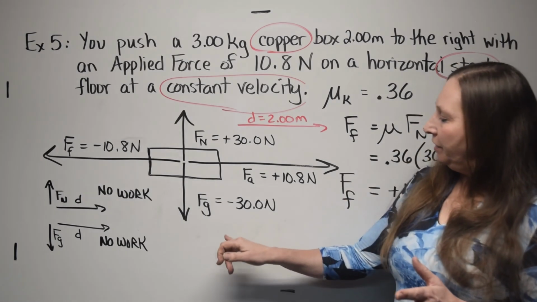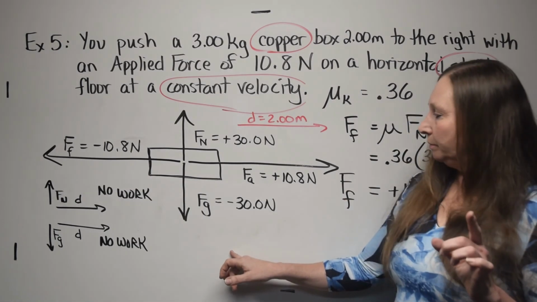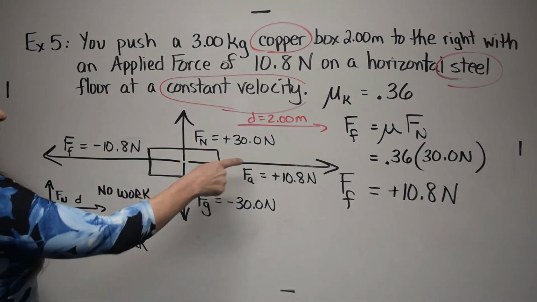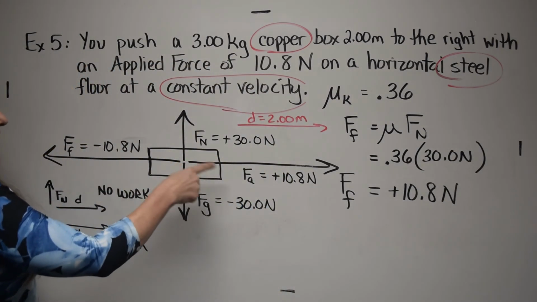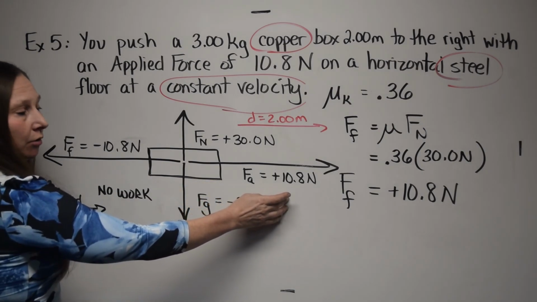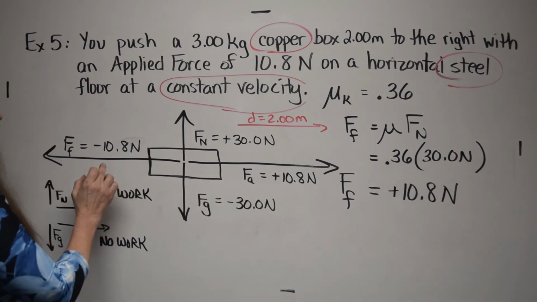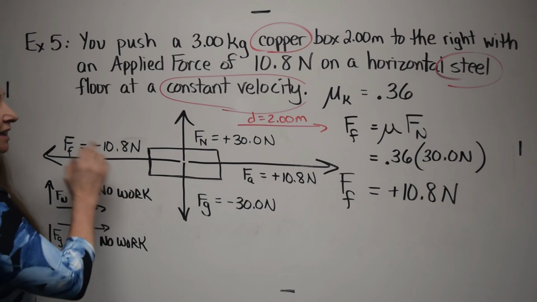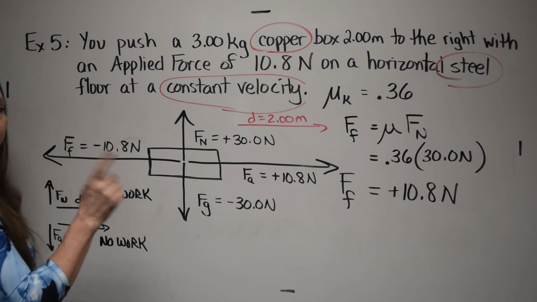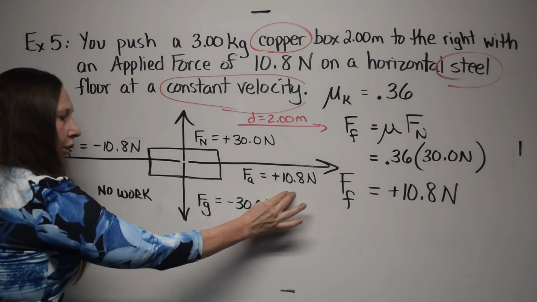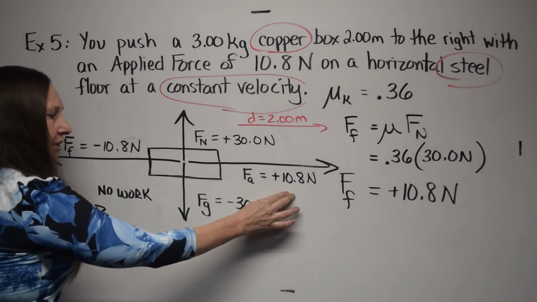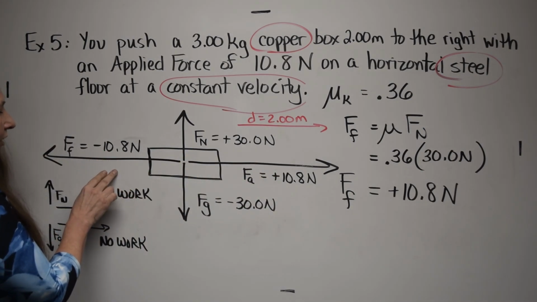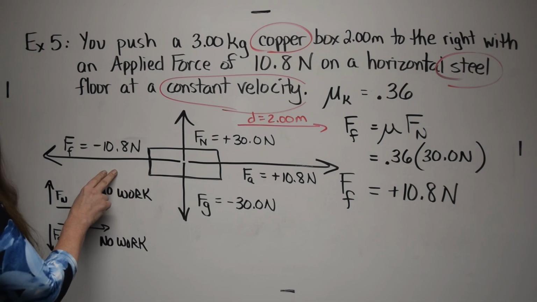Finally, in this case, since the net force in this direction is 0, positive 10.8 plus negative 10.8, the net work is also 0. The work that this applied force did exactly cancels the work that this friction force did.